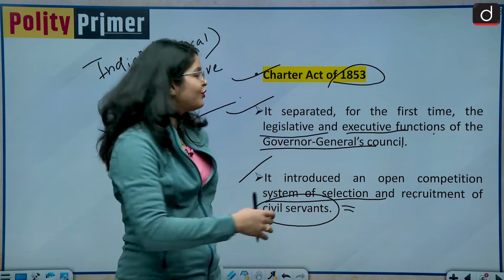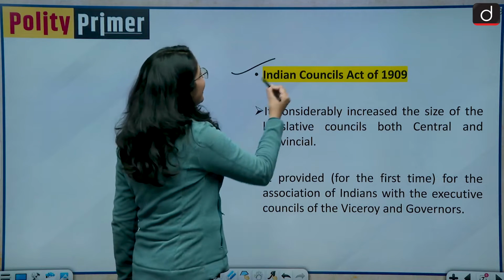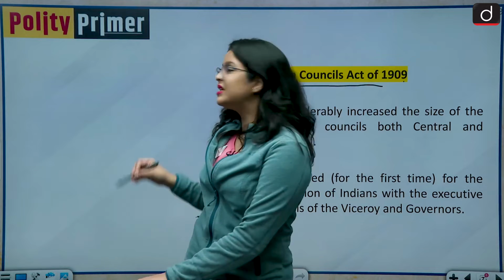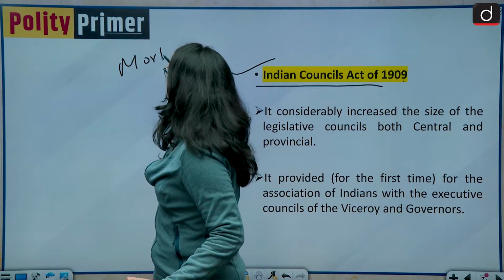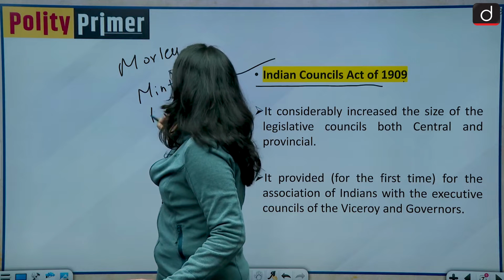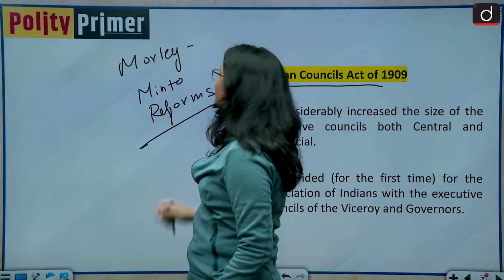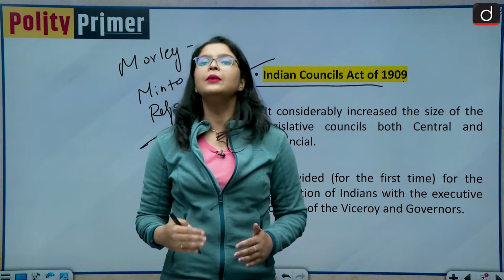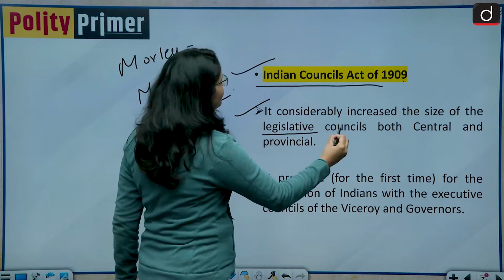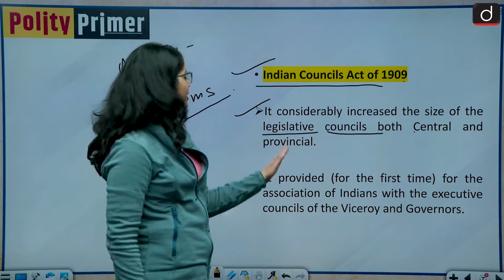Moving forward, let us discuss another important act, the Indian Councils Act of 1909, also known as the Morley-Minto Reforms. It considerably increased the size of legislative councils, both central and at the provincial level.